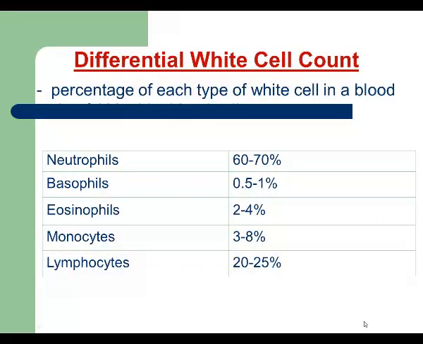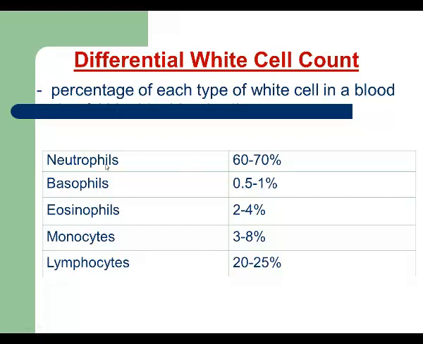The most common blood test that we perform for each patient is the CBC with diff, which means complete blood count with differential. On this slide, you see the differential part of that blood test. You see the percentage of each type of white blood cell in the blood.